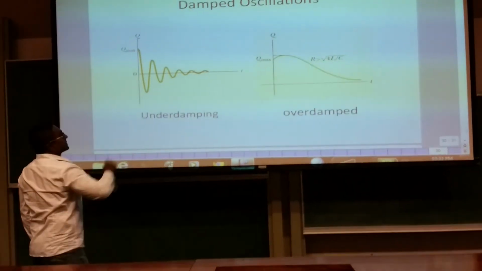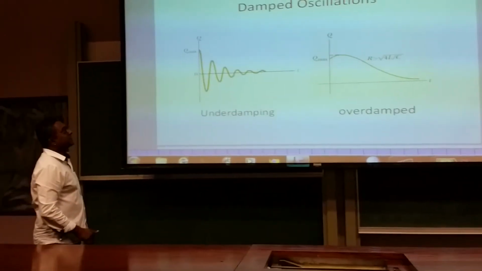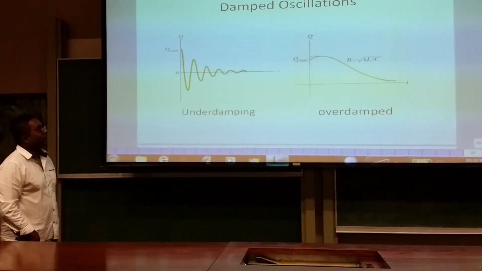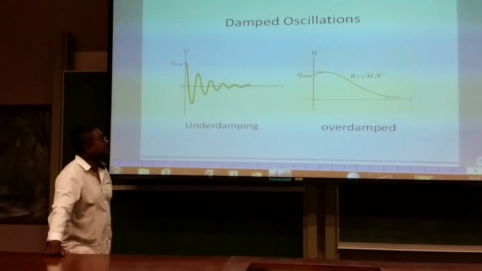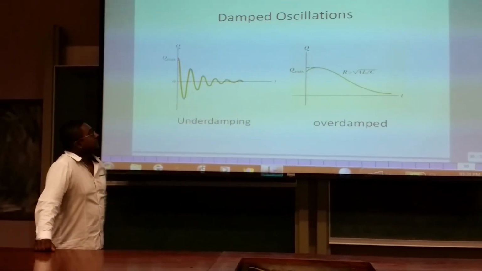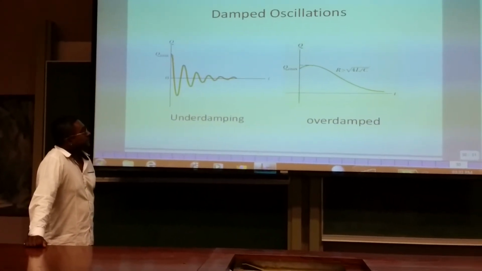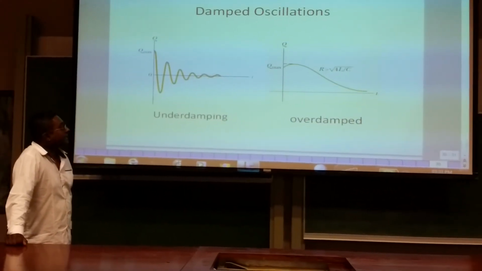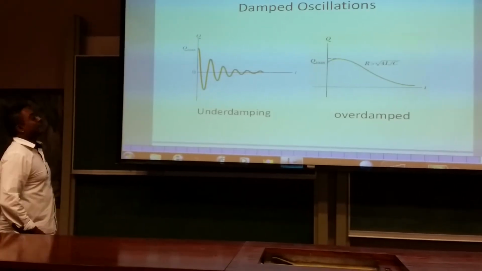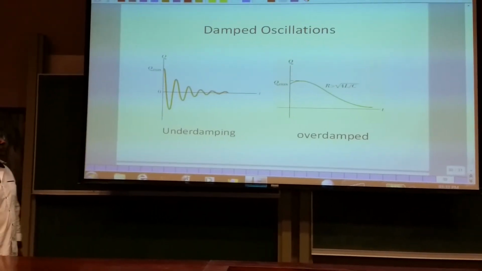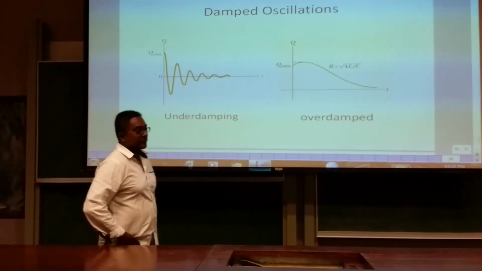This is when R is less than the root of 4L over C. When R is greater than the root of 4L over C, you have an overdamped system. So there are no oscillations, and the system reaches equilibrium very quickly. And the last one would be critically damped, which is when R is equal to the root of 4L over C.